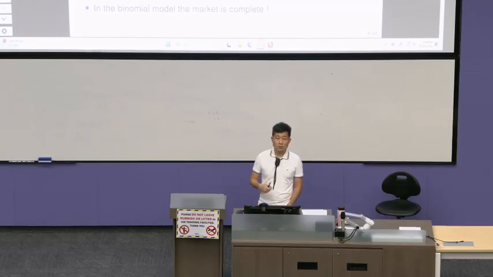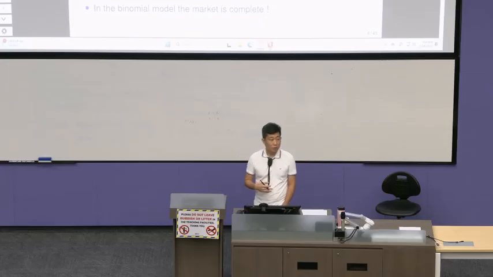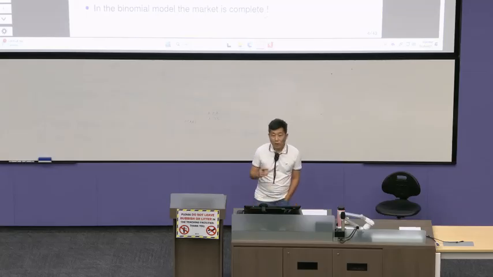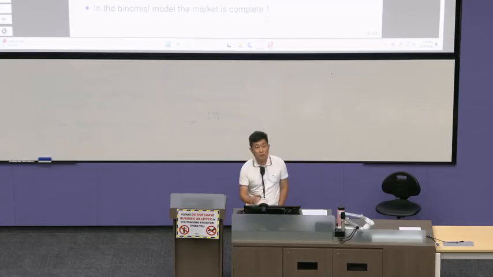Basically, consider alpha and beta as the unknown variables and all the other terms in the equation to be known. Under the assumption of the binomial model, we can always find a replicating portfolio, alpha and beta, such that the payoff of this portfolio is the same as my option. In this case, we say the binomial model market is complete, which means whatever the payoff of your option, this is not option specific.